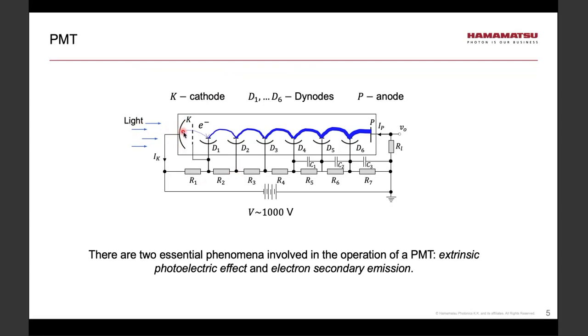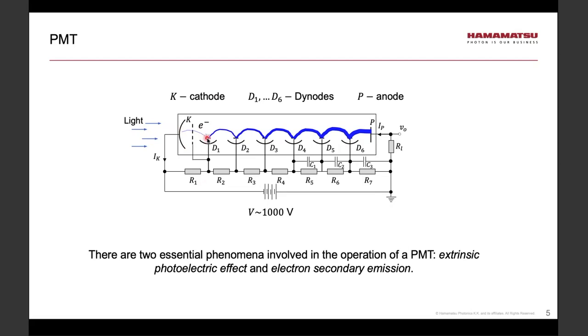So on the drawing, we have one representative electron emitted from the photocathode. The potentials are set up in such a way that this electron is going to accelerate towards the first dynode. As it accelerates, it gains energy, strikes the first dynode, and then it embeds itself in the dynode and shares its energy with other electrons in the dynode.